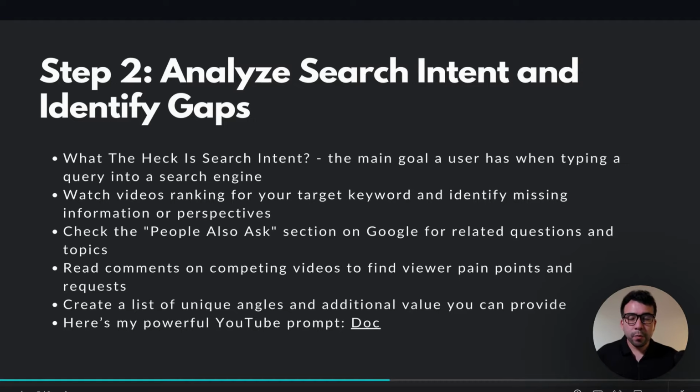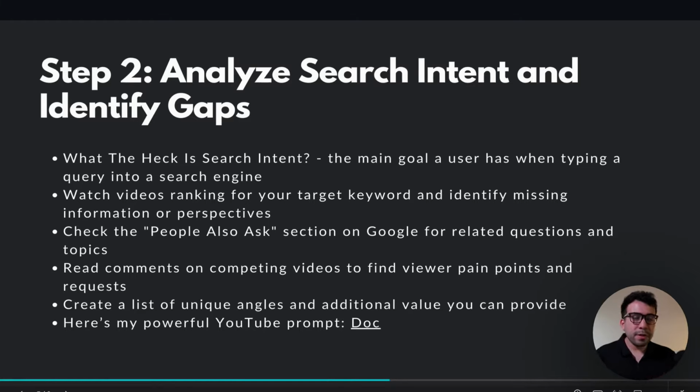So number one, what the heck is search intent? That is the main goal a user has when typing a query into a search engine. If I'm looking for the best coffee machine, Google wants to make sure that they're providing the best search experience, or even on YouTube, they want to provide us with the best search experience.